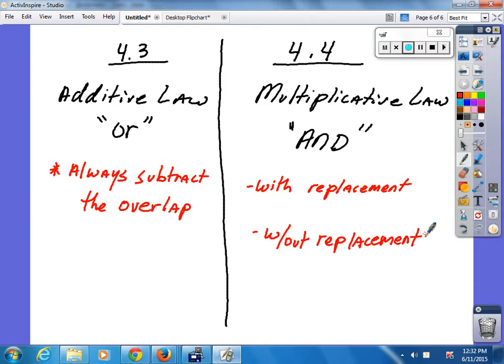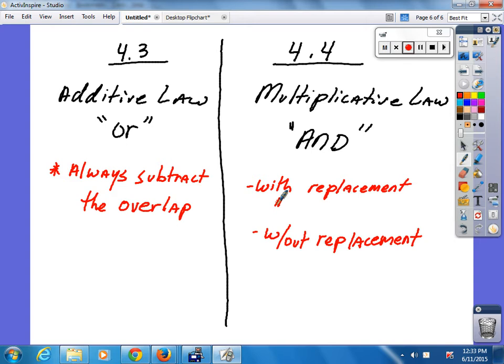With replacement, one of them is called independent, one of them is called dependent. I always forget which one it's called. I don't usually go by that. You have to look in the book and see. With replacement, usually, if you draw a number out of a hat and you replace it, then nothing's affected.